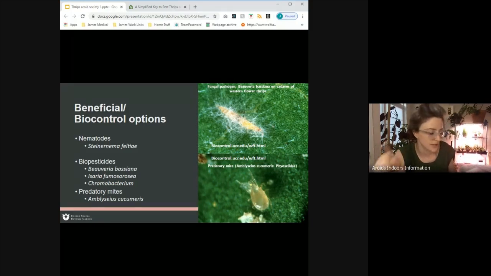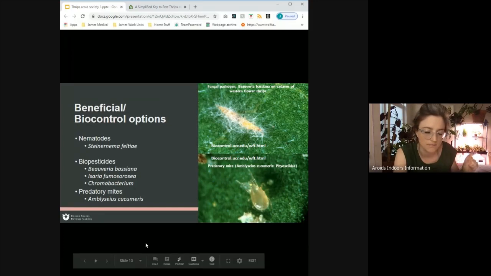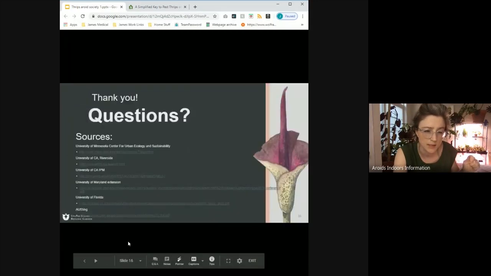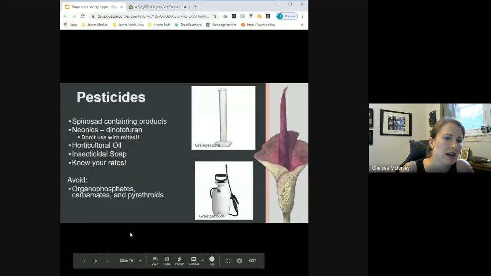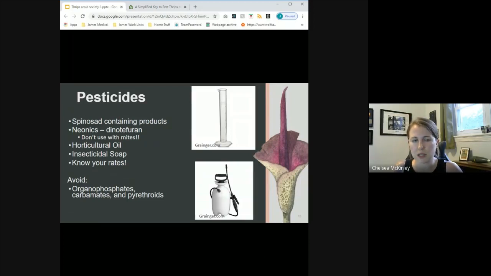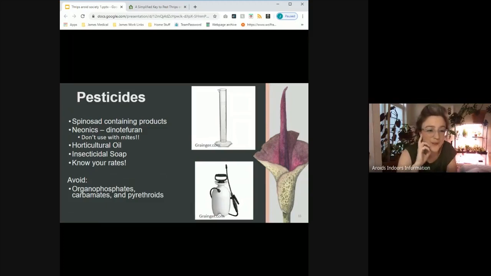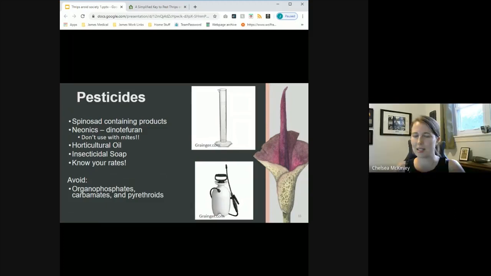On one of your slides, you mentioned don't use with mites. I think it was the systemic. Oh, did I not mention that? Yeah, okay. So one of the things about neonics, especially imidacloprid, is that it has been shown to increase the fecundity, the amount of eggs that a particular mite will lay, of spider mites. So if you have spider mites, don't use imidacloprid.